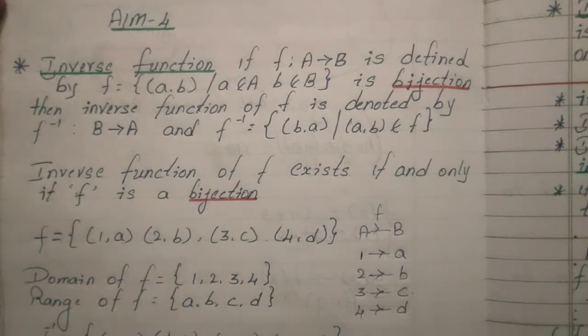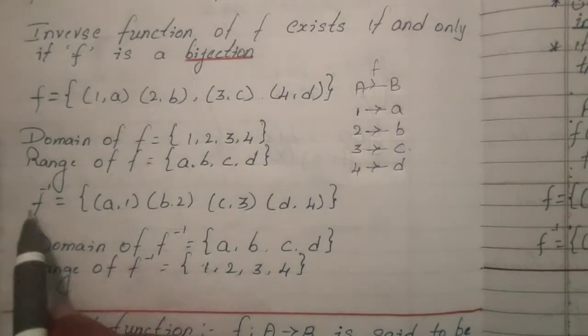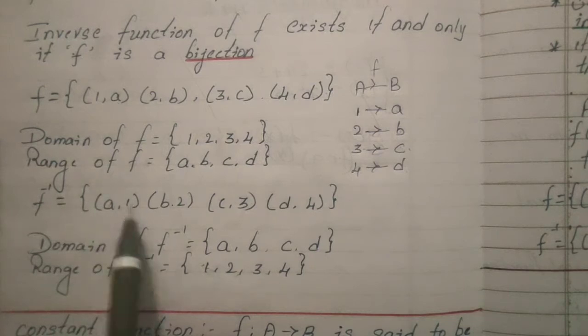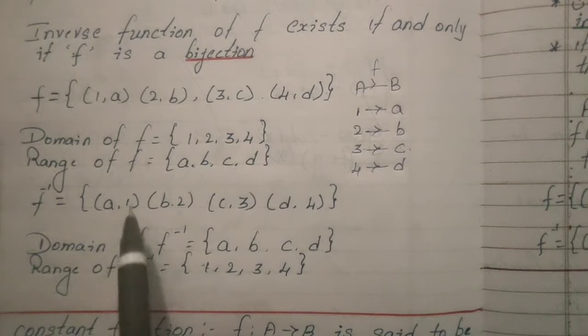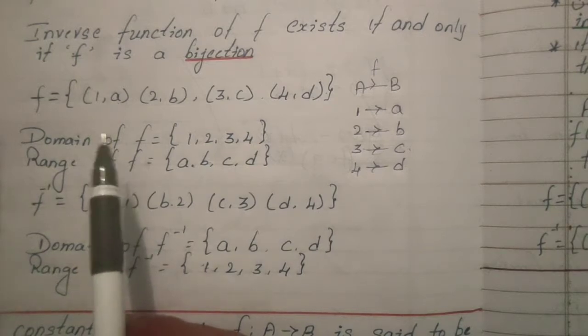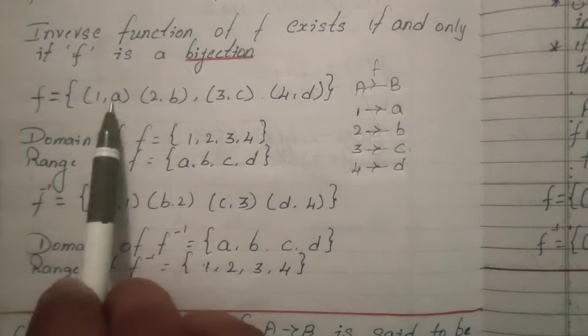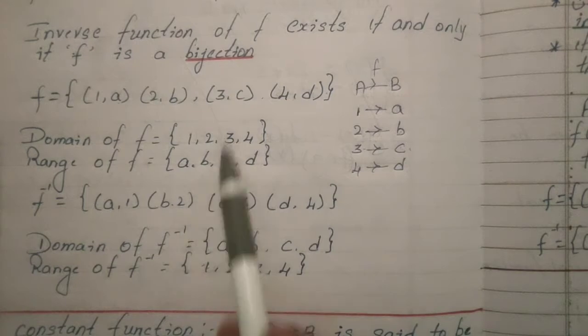How to write f inverse? f inverse equals {(a, 1), (b, 2), (c, 3), (d, 4)}. In the f function, the first and second component order we need to interchange.